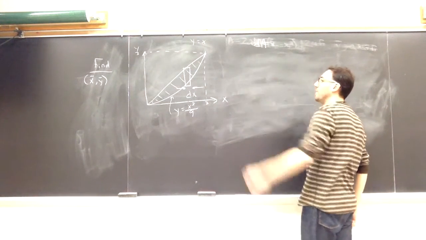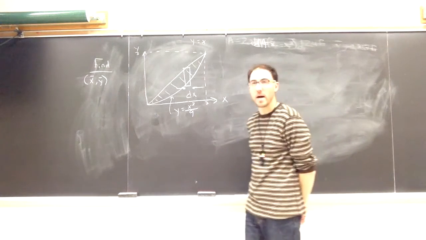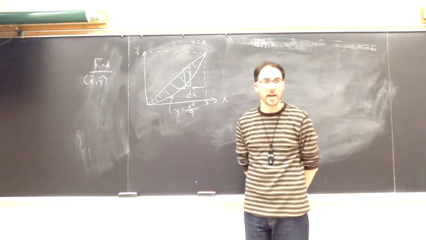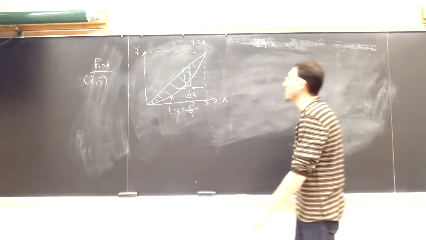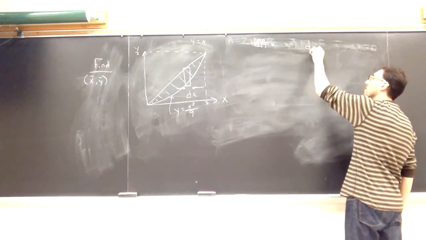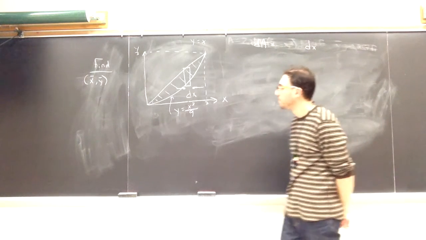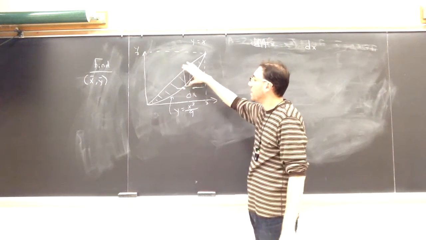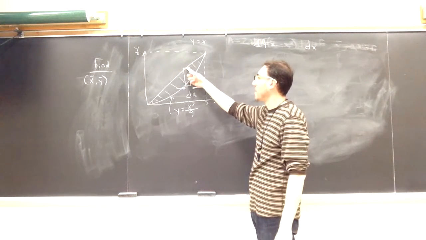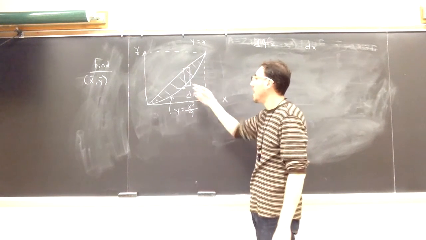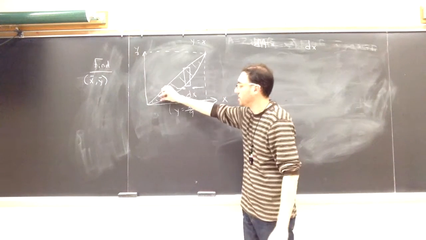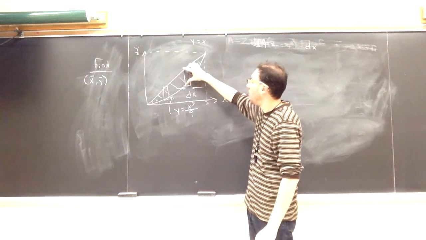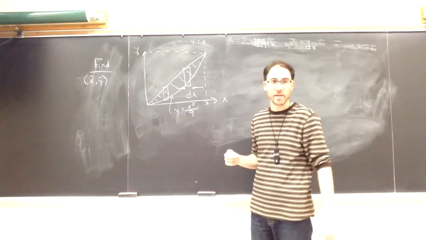So what I want to do is find the area of every one of these rectangles. Well, the area of a rectangle is its base times its height. The base we already know is dx. That's done for us. But we see as we go along, every rectangle, the top of the rectangle is at a different location, and the bottom of the rectangle is at a different location, and the height changes. It's small over here, it gets a little taller, and then it gets a little shorter as we go.